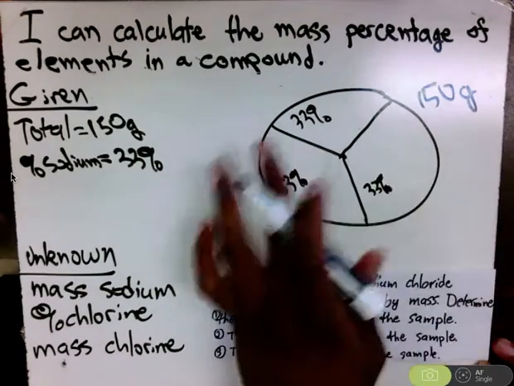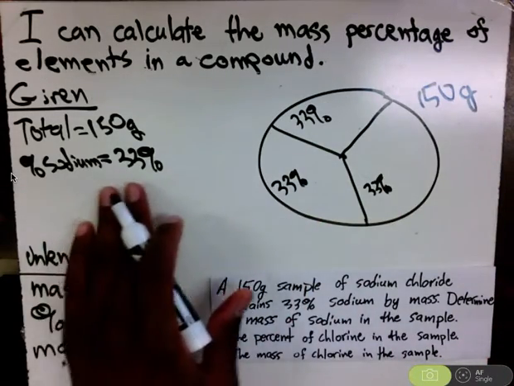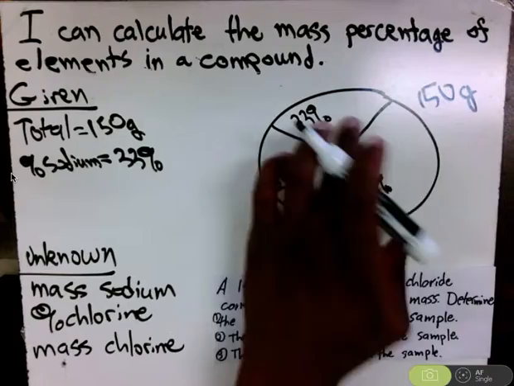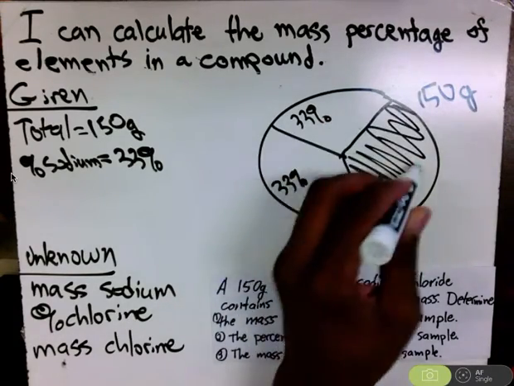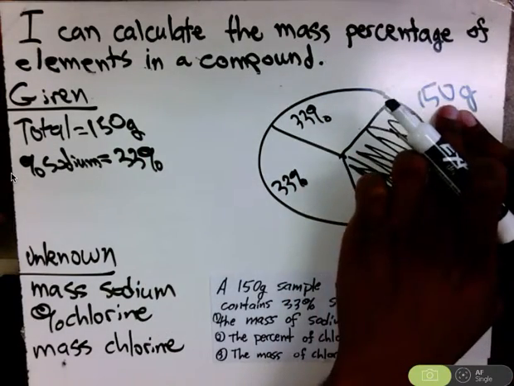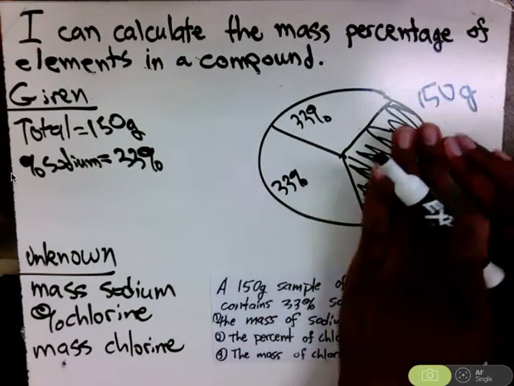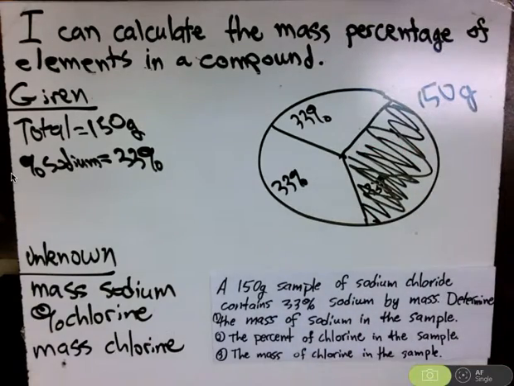It all should add up to 100%. 99% close enough. Now, one of these, 1/3 is going to be sodium. So if this whole chart is 150 grams, what is the mass of this 1/3? That's what we're trying to find.